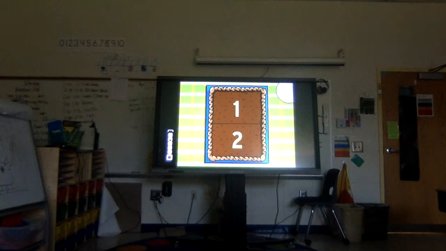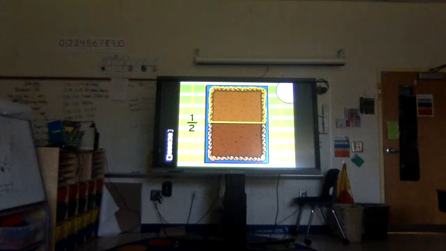Each piece is one whole cake divided in 2, or 1/2 of the whole. We can write that as a fraction. This number, the denominator, tells us how many pieces make up one whole. The numerator tells us the number of pieces we're dealing with. So this is 1/2 of the cake, and these are 2/2. 2 divided by 2 is 1 whole cake.